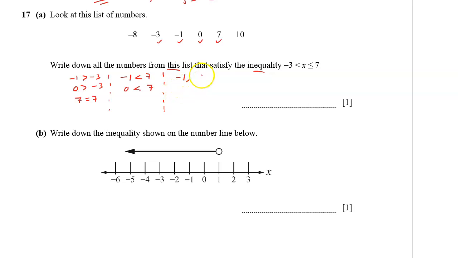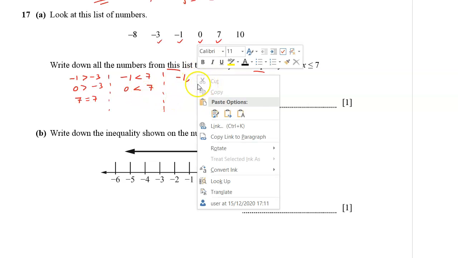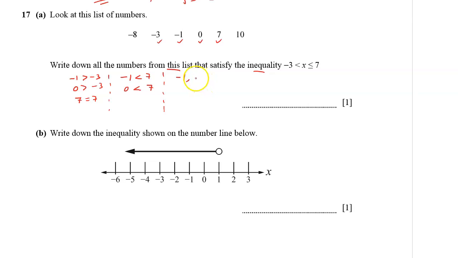We also can see that 0 is greater than -3, but it is less than 7. So 0 is there. And the other one is 7. 7 is equal to 7, because the inequality says x is less than or equal to 7. So the numbers that satisfy this inequality are -1, 0, and 7.